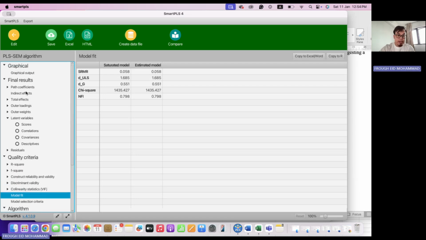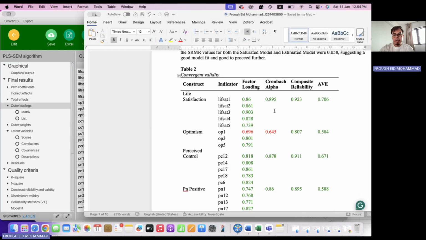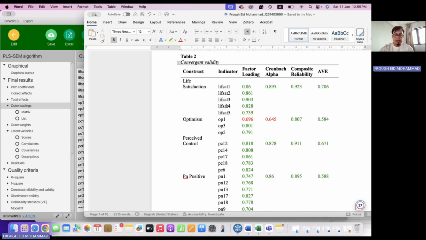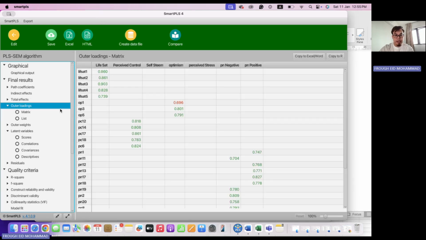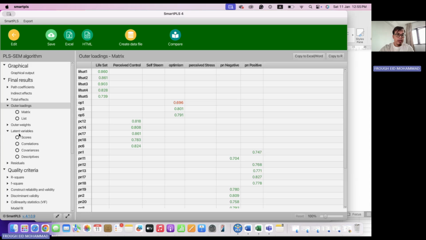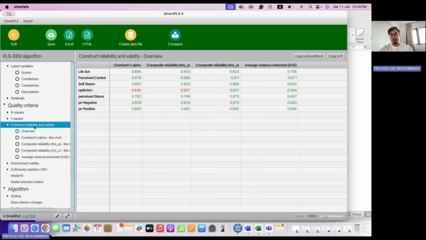The first thing I need is the outer loading. The outer loading values here in my written assignment, I have already brought aside as a single column. This is the factor loading. The factor loading values are in the PLS here. The next values, Cronbach's alpha, composite reliability, and AVE, should be in the quality section, here.